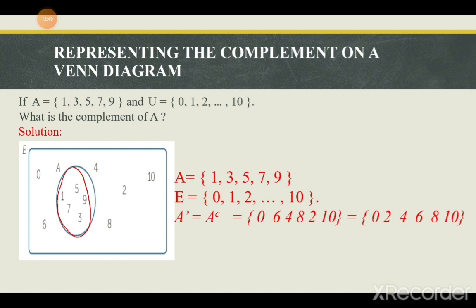And then, if you are getting the complement of A, you will get the set involving all the elements that cannot be found inside your circle. So, that is the complement of A. Yung hindi mo makikita sa A. Okay?